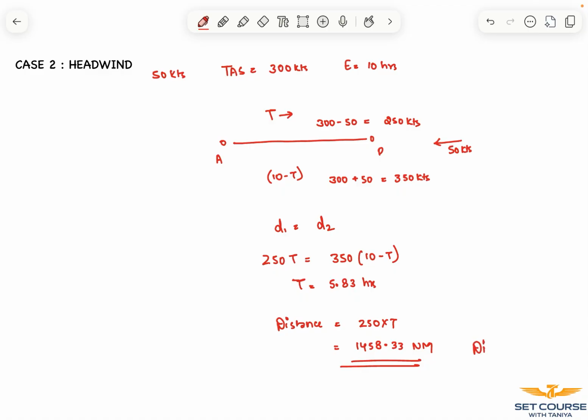So our distance has decreased. Now I would want you to try it yourself, the case of a tailwind of 50 knots, and what does the distance come to? Does it increase or decrease?